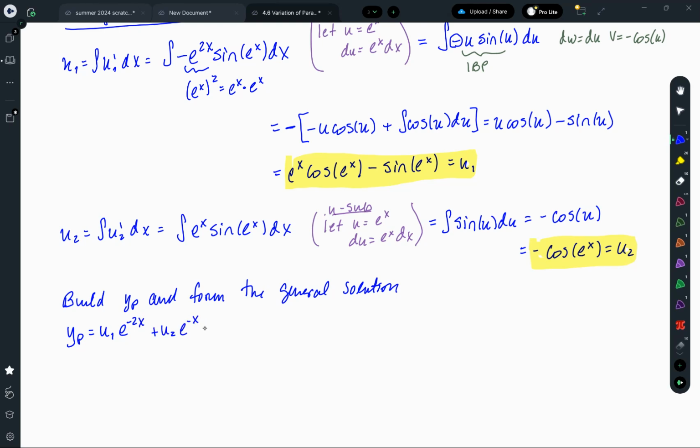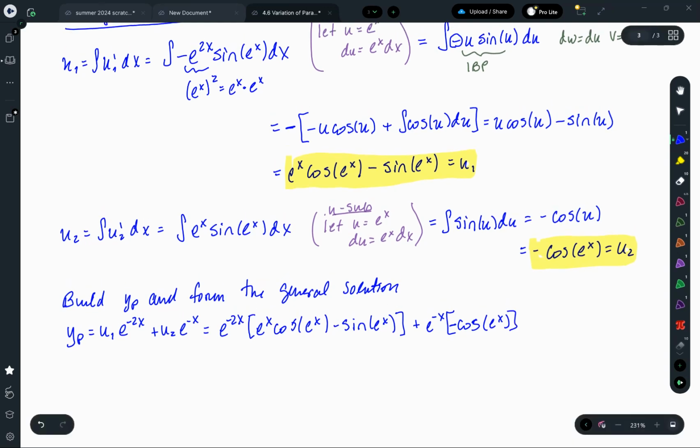So substituting in what we found, we have an e to the minus 2x for the y1 times e to the x cosine of e to the x minus sine of e to the x for the u1, plus e to the minus x times the negative cosine of e to the x that's coming from the u2.